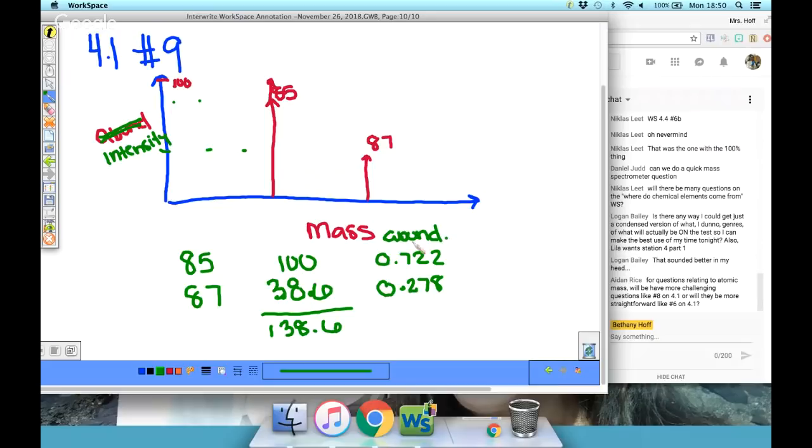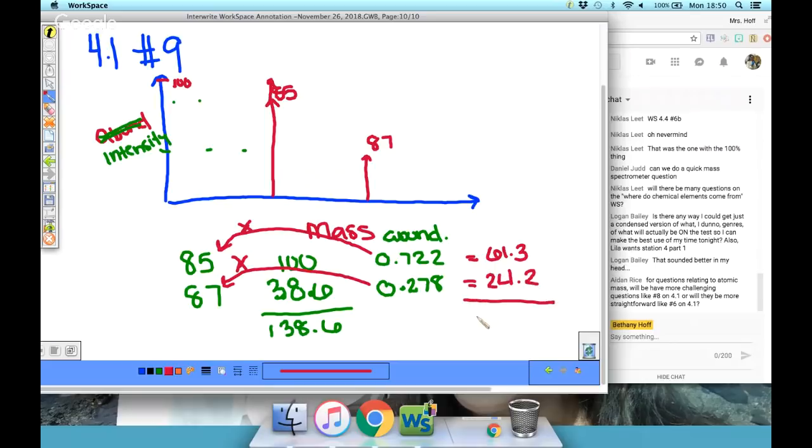And these are the numbers that we're going to be using to calculate our average atomic mass. So we're going to multiply these two, and then multiply these two, and then add them together. If we multiply these two, this would end up being 61.3. If we multiply these two, this would be 24.2.